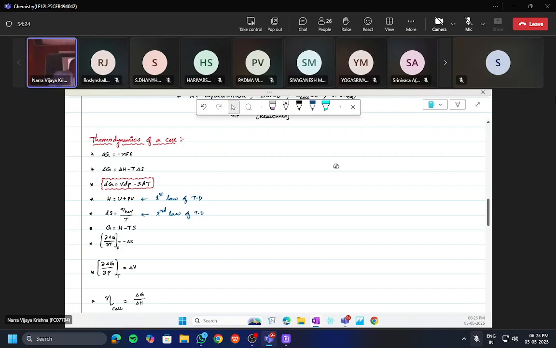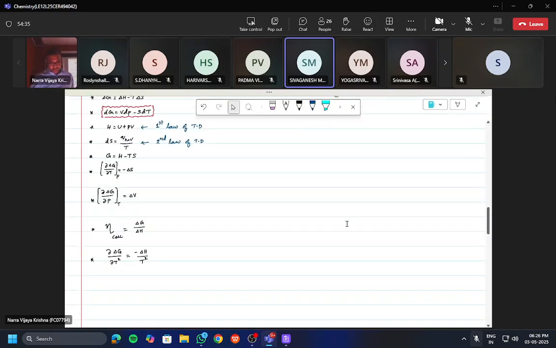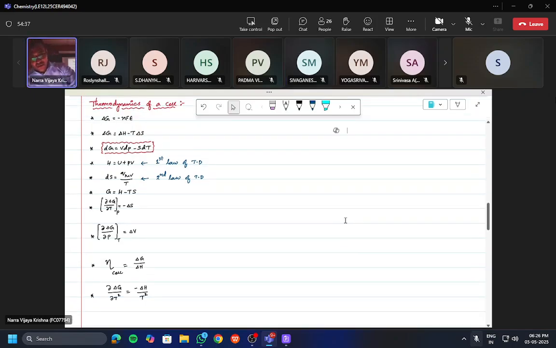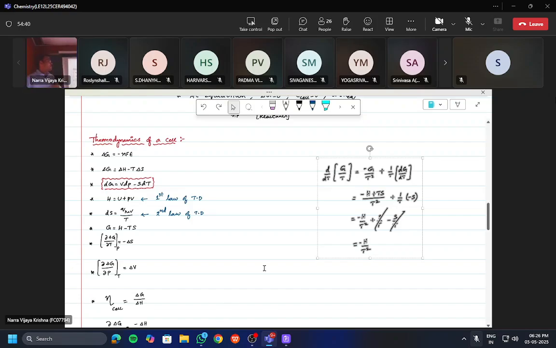What is the Van't Hoff equation? Sir, dou delta G by dou T only should come, so you have dou T square. See that equation: d by dT of G by T. Can I write it as dG by dT square or not?